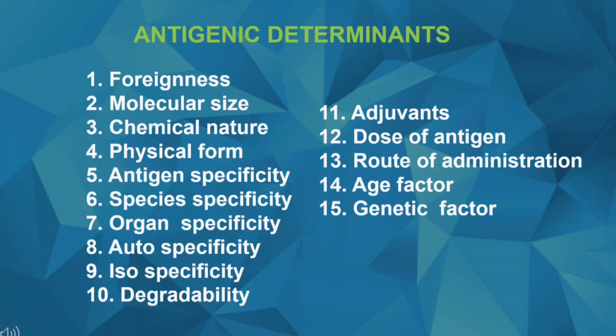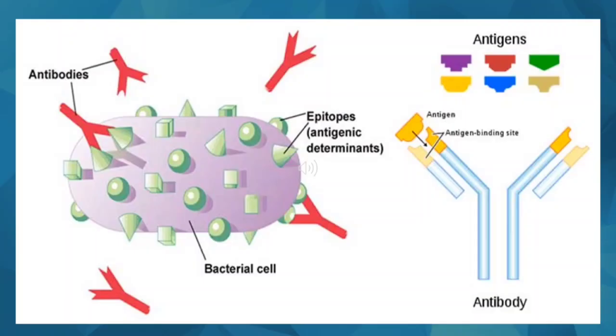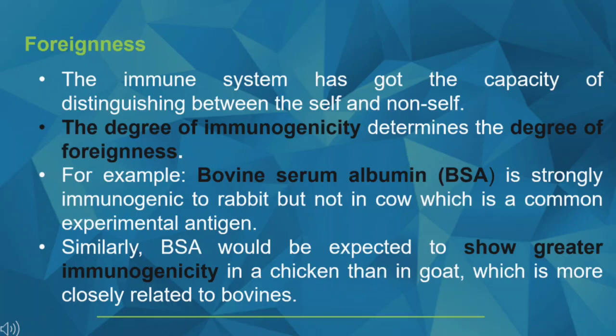Now let's see it one by one. In this picture, the antigen has a part called the epitope and the antibody has a part called the paratope. Now, the first one is foreignness. For eliciting an immune response, an antigen must be a foreign substance to the animal, which means a non-self antigen.